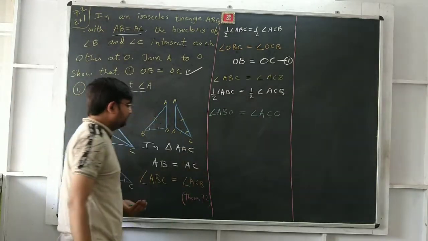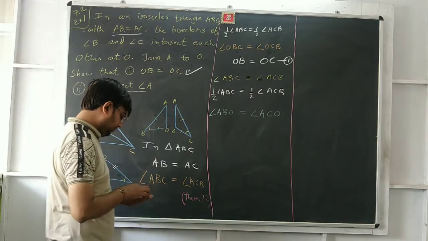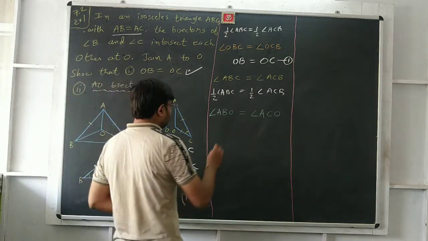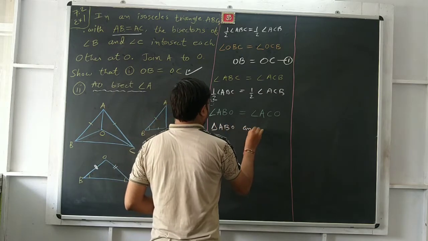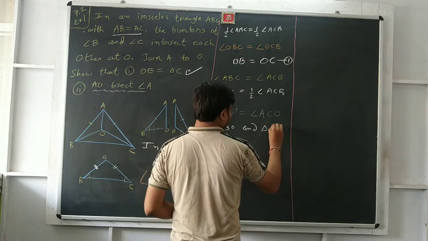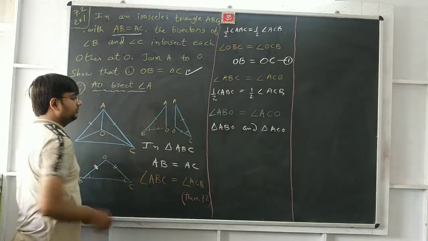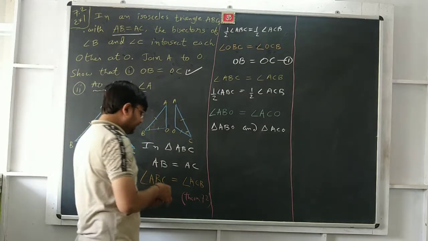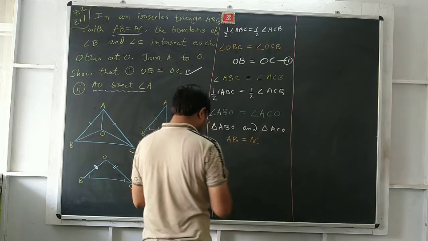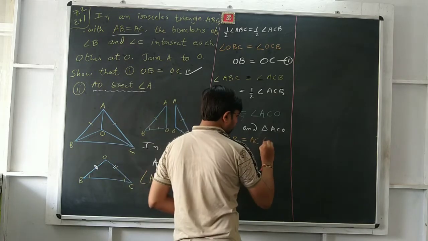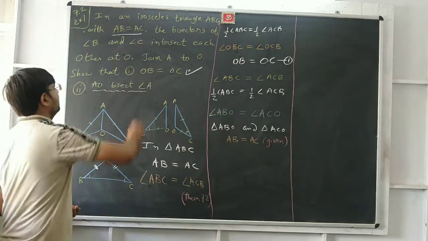ABO and ACO are equal. Now in triangle ABO and triangle ACO, first of all, I can write that AB is equal to AC. It is given in the question that AB is equal to AC.